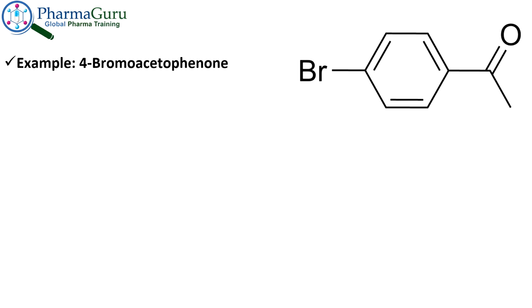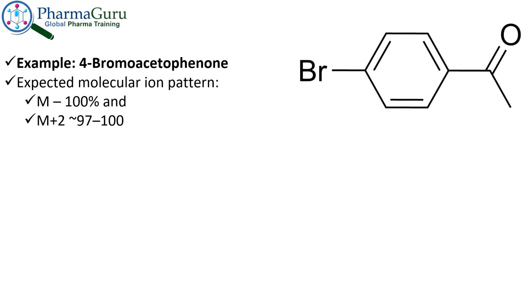Now I am going to explain the presence of bromine, taking the example here, 4-bromoacetophenone. Its molecular weight is 199.04.